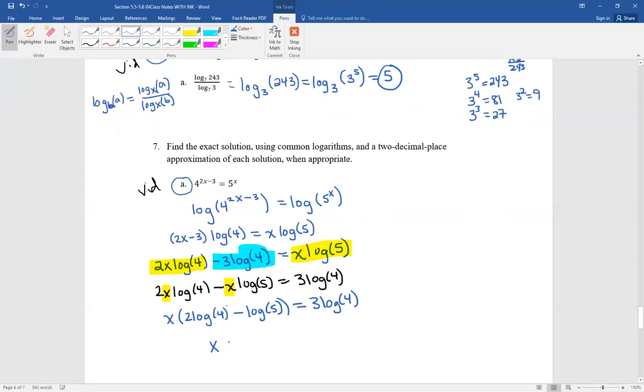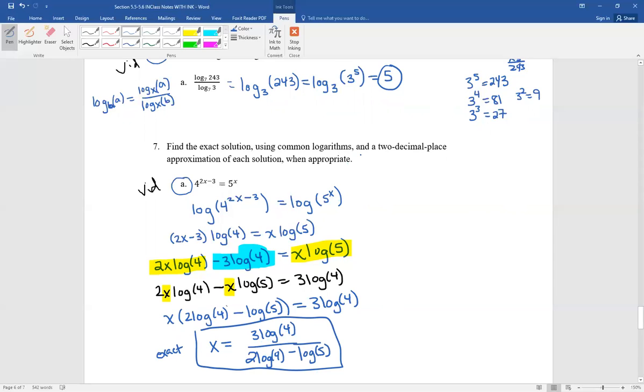We can divide the parentheses to the other side. Now, usually this is fine for us. This is a correct version of that answer, and this would be an exact answer. This is technically an exact answer. We solve for x. x is all by itself.